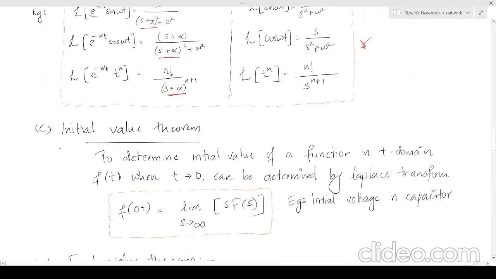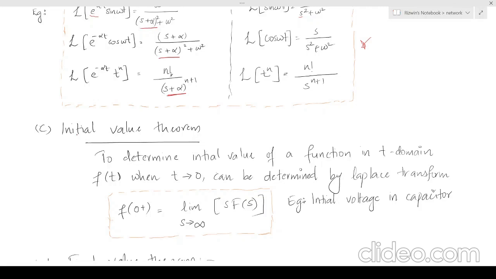Now we are going to discuss the initial value theorem. What is the initial value theorem all about? See, suppose you have a capacitor connected to a circuit, and you want to know the current flowing through the circuit at the point when the capacitor is just connected, so at the time instant t equal to 0.